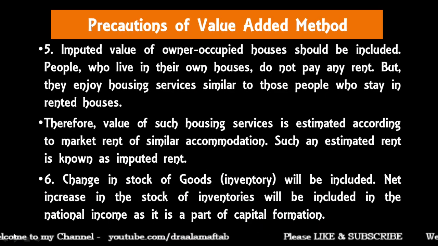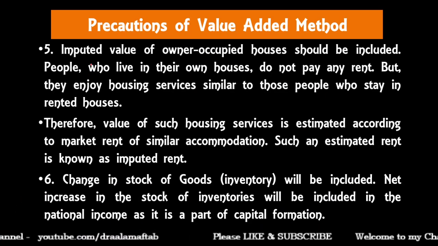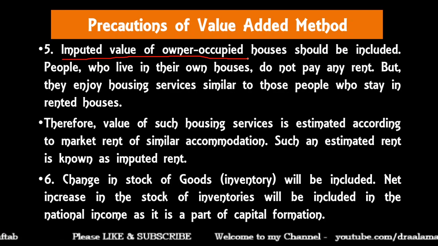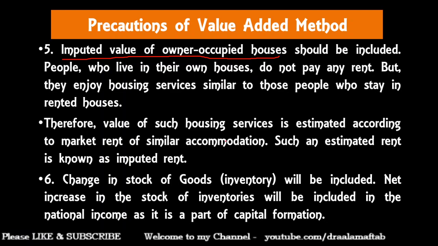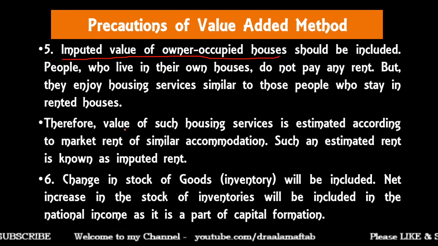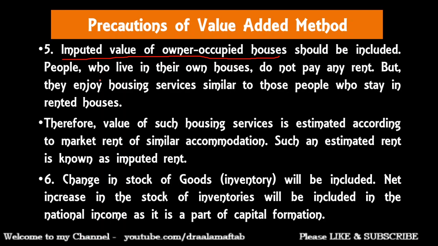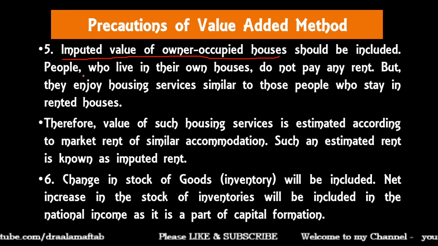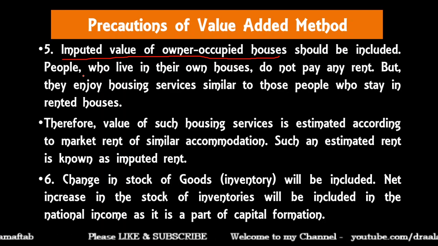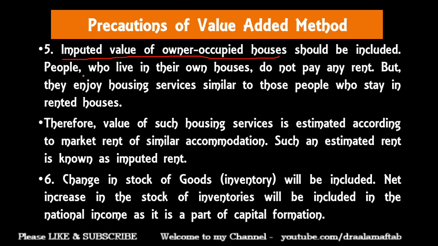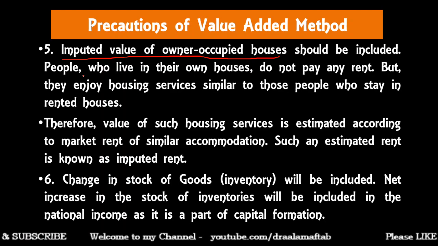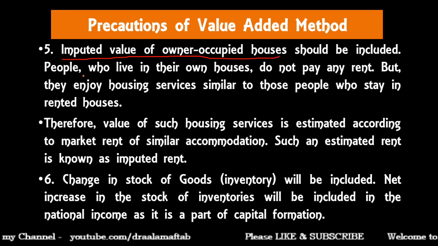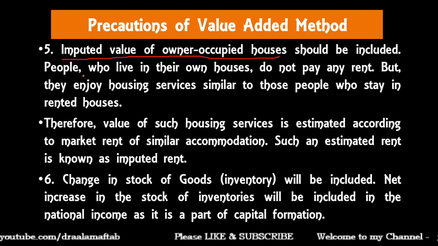The next precaution is imputed value of owner-occupied houses or owner-occupied shops. You need to calculate the imputed value of those owned houses. You are not paying any rent, but if you didn't own a house, you would need to pay it. So that value must be calculated and added in the national income.